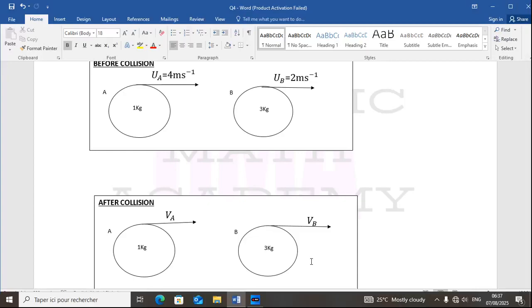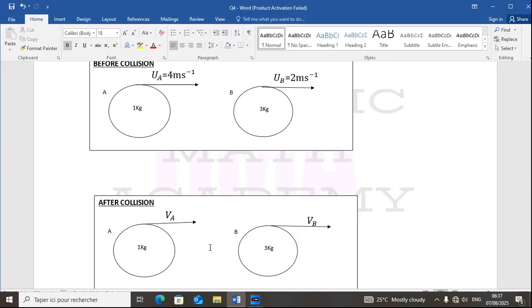Please pay keen attention. But if the velocity of A is actually negative, then it means that after impact it went backwards, not forwards. So those are the conditions that we have to note, because we are not setting the direction beforehand, but we will be sure after finding the final velocity after collision. Hope it's clear.